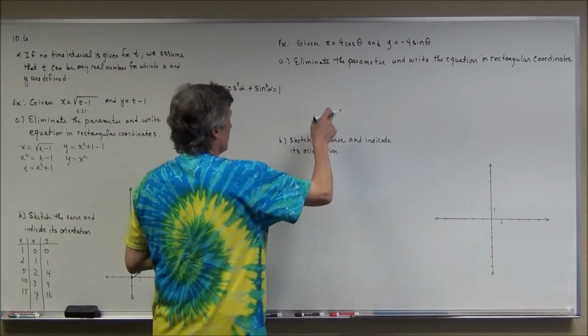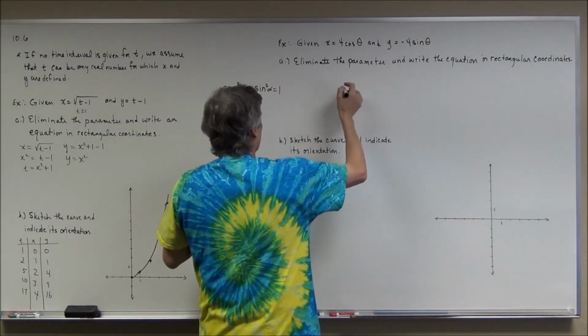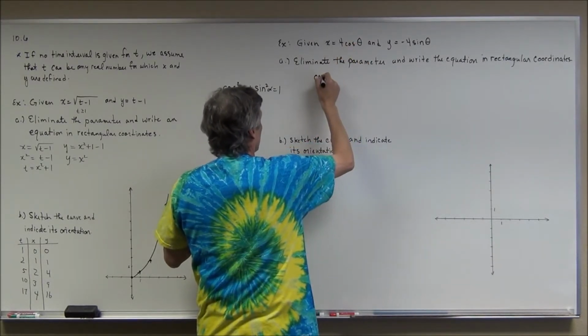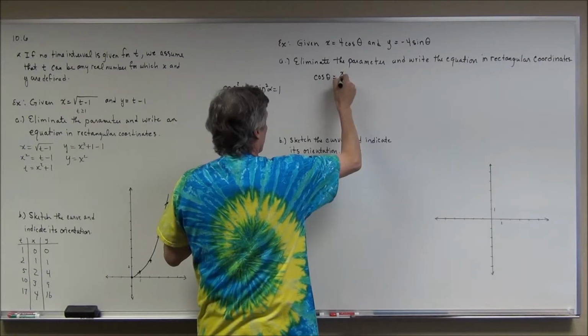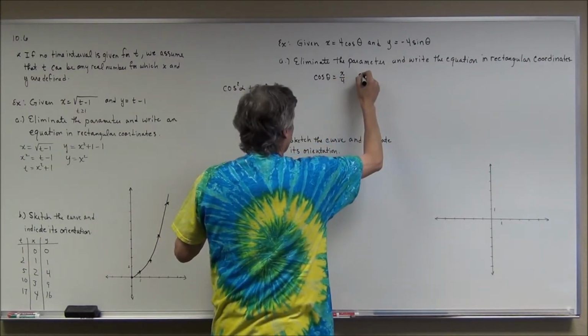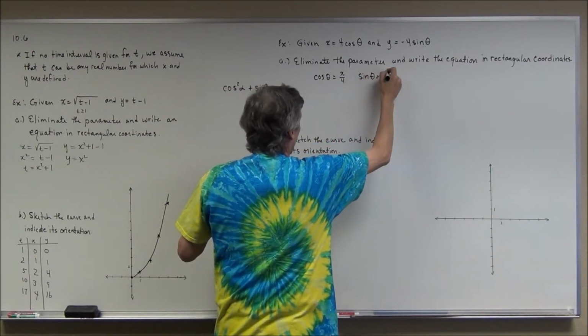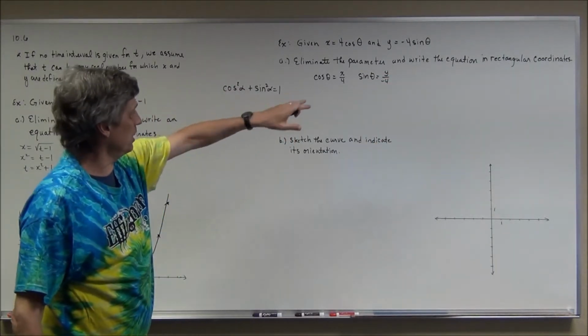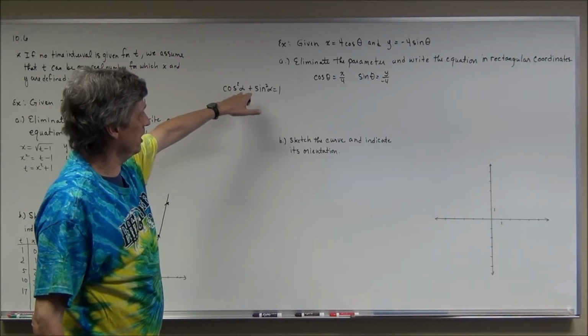So what I'm going to do is make this substitution here. For cosine, I'm going to write that the cosine of theta is equal to x over 4. And over here, the sine of theta is equal to y over negative 4. And then I'm going to take those and plug them into this Pythagorean identity.